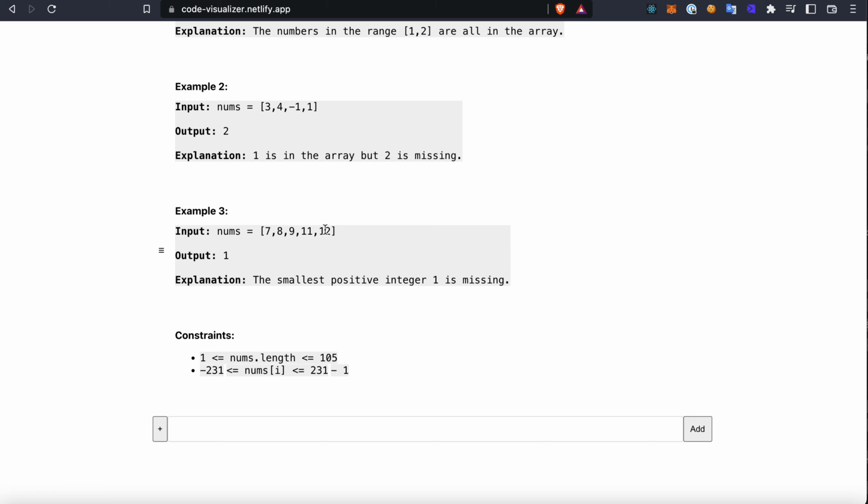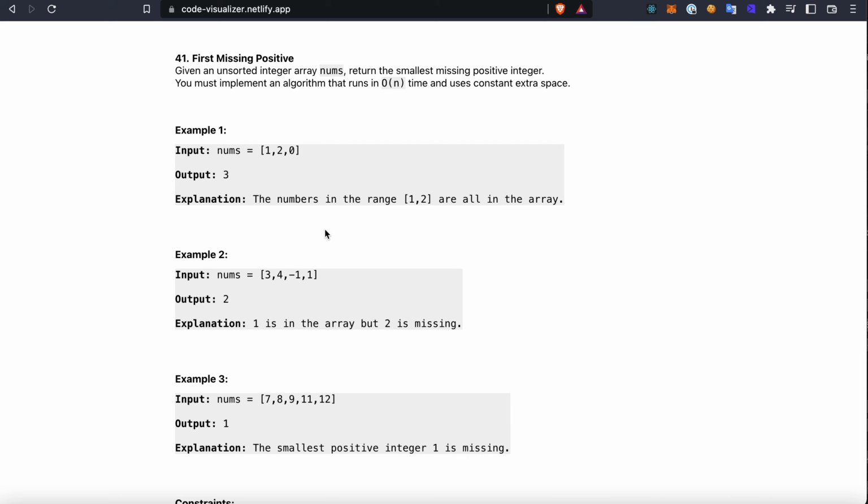With this kind of problem, you should definitely start thinking about which data patterns would solve this problem. The one that I'm thinking about is cyclic sort, which is a linear runtime pattern where you sort of sort numbers.